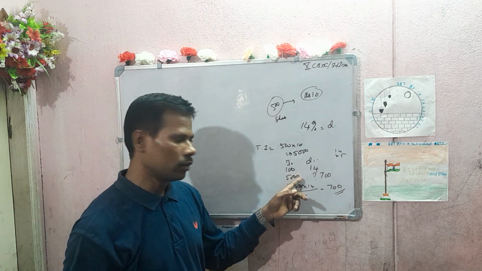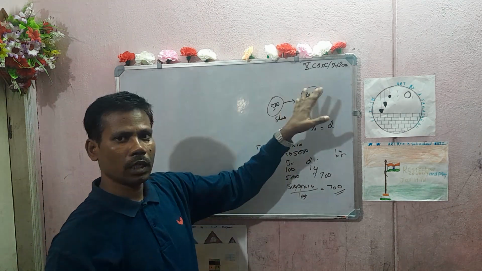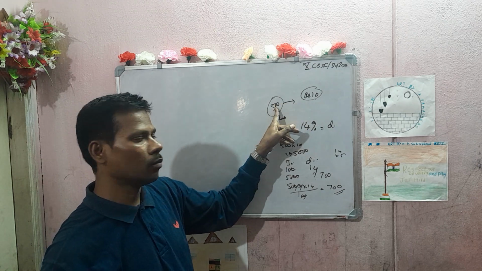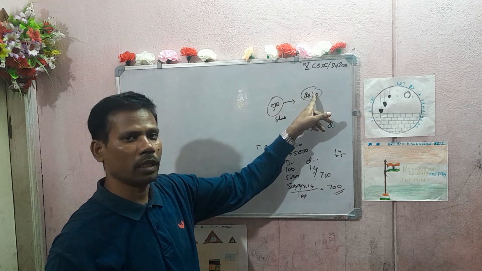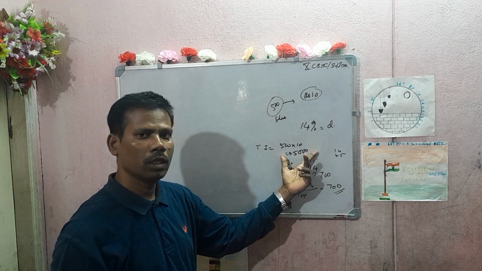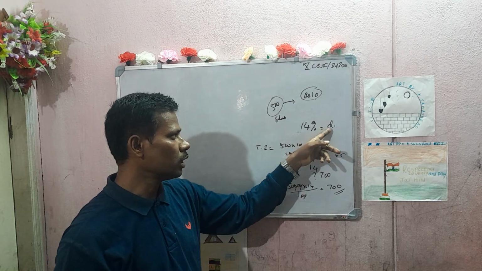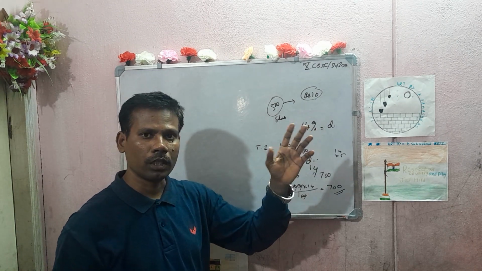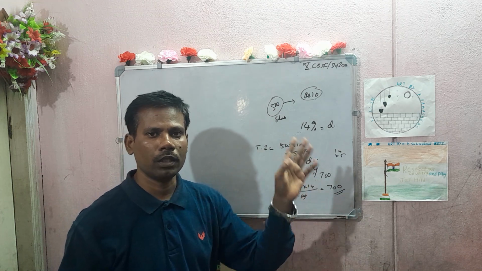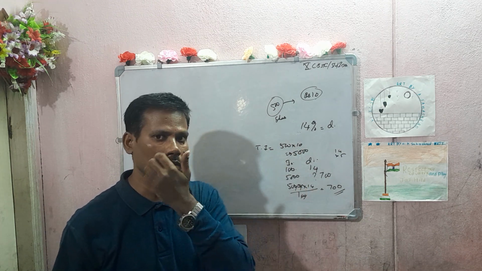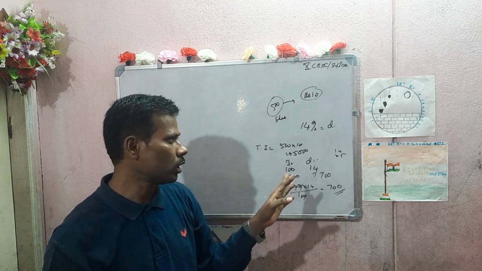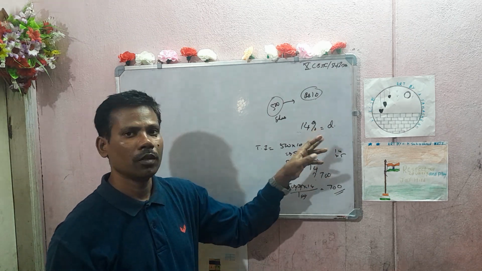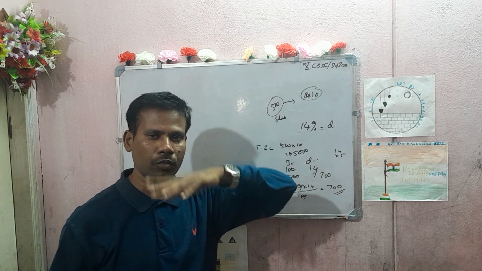So here it's very simple, students. Once again I am explaining. Total number of shares is 500. Each share is 10, so total investment will be 5000. What is the meaning of dividend is equal to 14%? Here they have given only 14%. They did not give face value, market value, like that. So you need to assume that if I give 100 rupees, then the company pays 14 rupees.